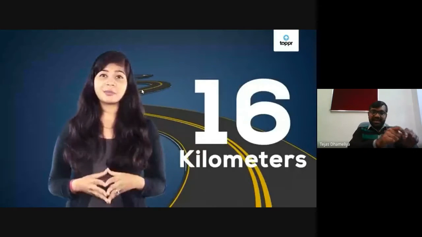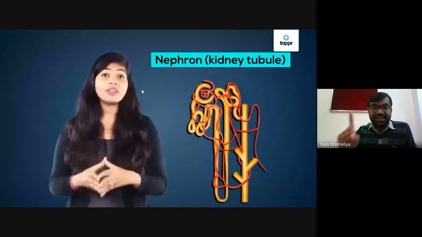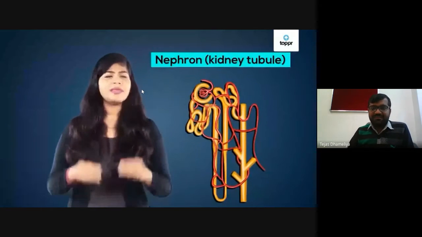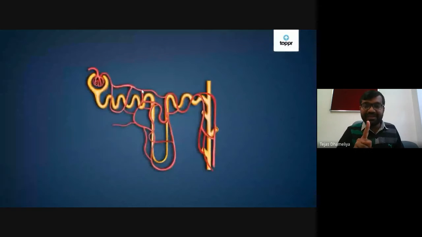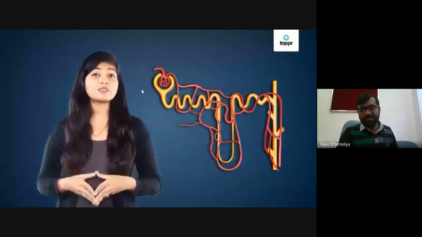And if we attach them one after another, it can make a road 16 kilometers long, connecting one nephron, second nephron, third, fourth, fifth, sixth. That way it will be 16 kilometers long.